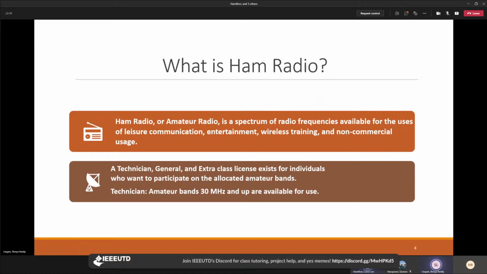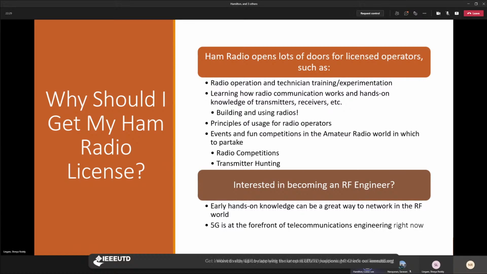All right, guys, so your first question right now is probably, why should I get my ham radio license, right? Why am I in this technical workshop? The first thing that I would bring to your attention is, we go through these classes as EE and CE majors, and we learn all this theory, but when do we get that technical, hands-on knowledge? What ham radio or amateur radio allows is that hands-on technical knowledge like a technician would get.